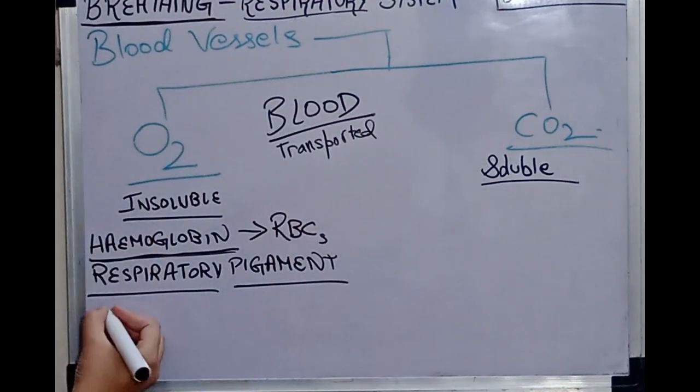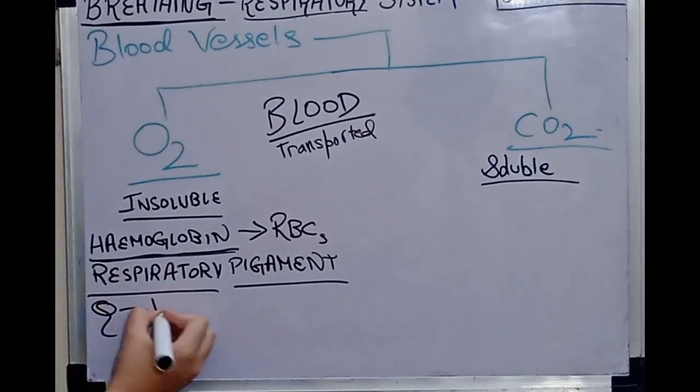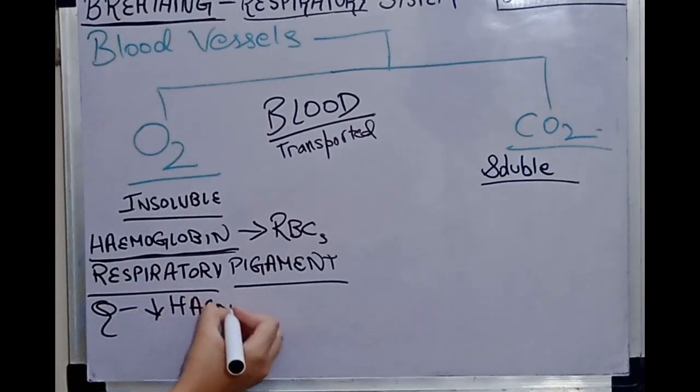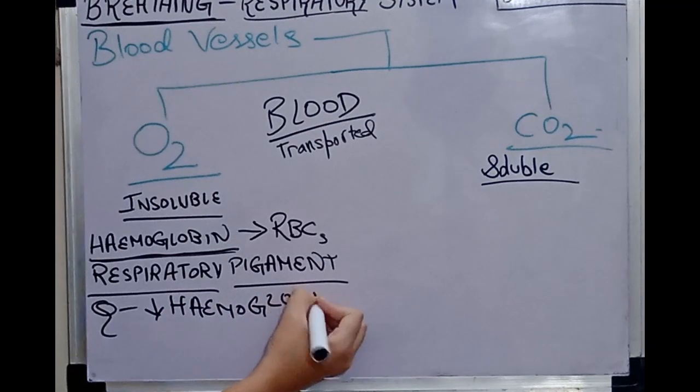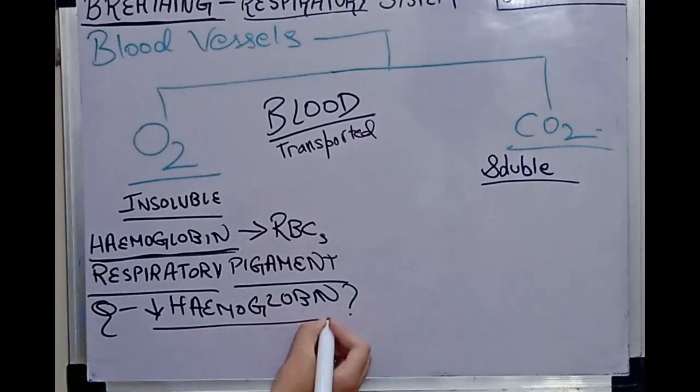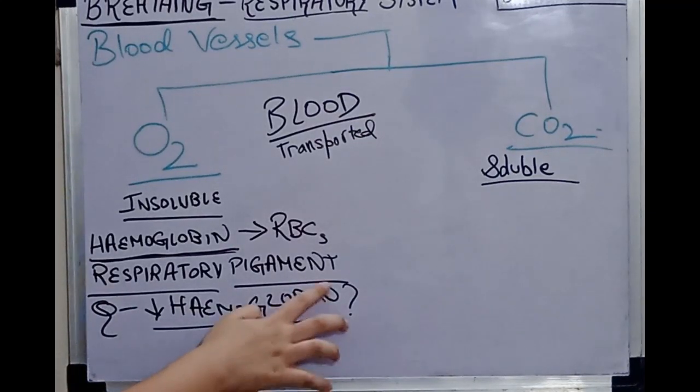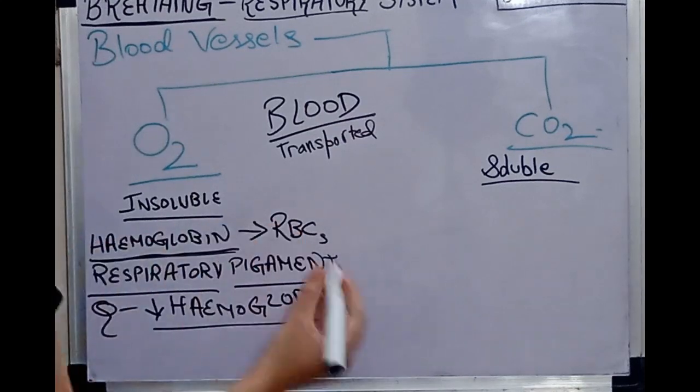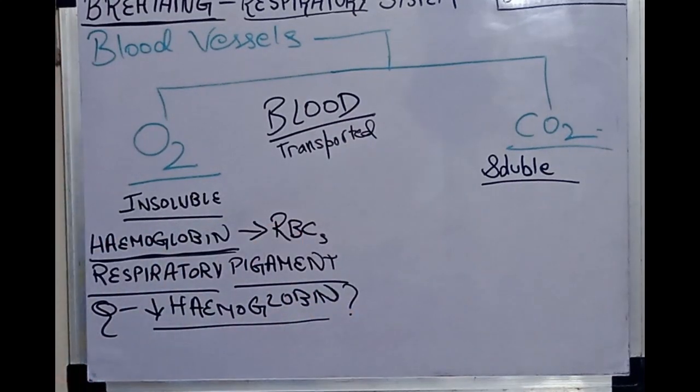Now a question comes up: what if your hemoglobin is really low? Now think and answer me, okay? This is a very obvious question to answer. If you understood what hemoglobin is, let me tell you once more. Hemoglobin helps to transport oxygen in our body.